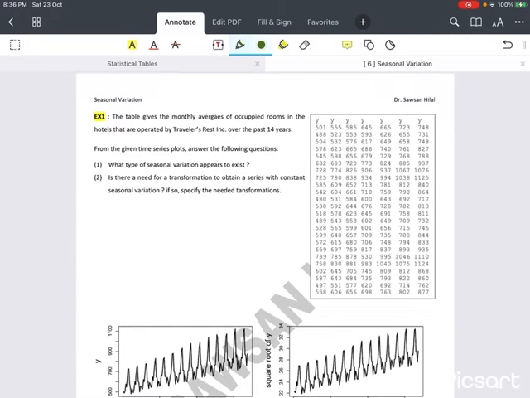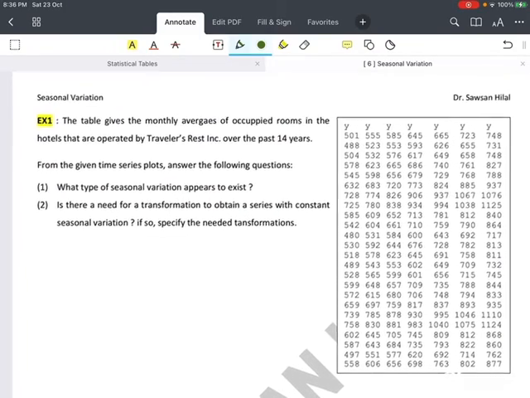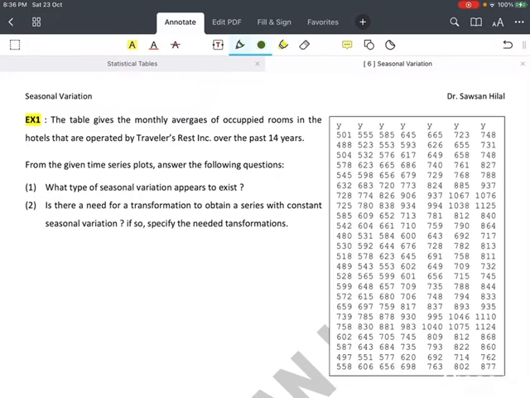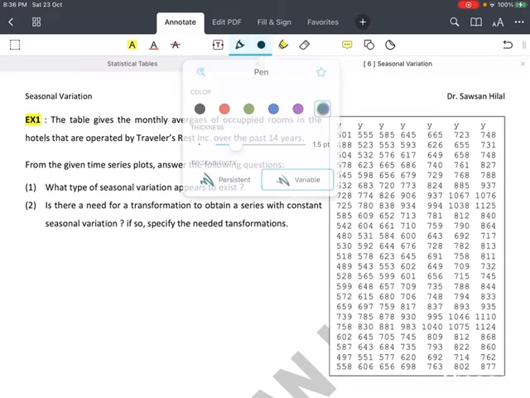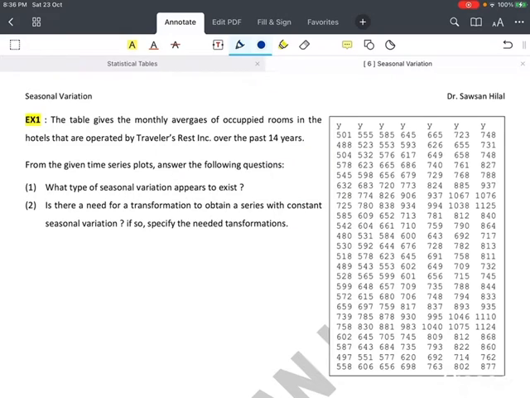The exercise says the table gives the monthly average of occupied rooms in the hotels that are operated by Travelers Rest Inc. over the past 14 years.